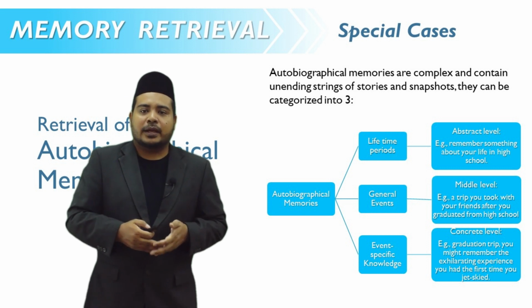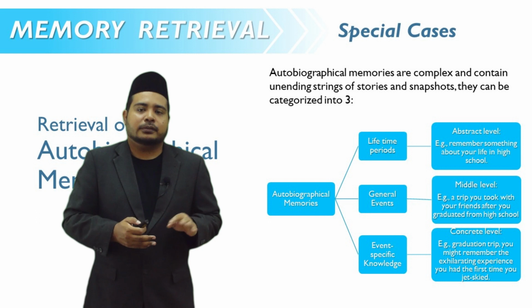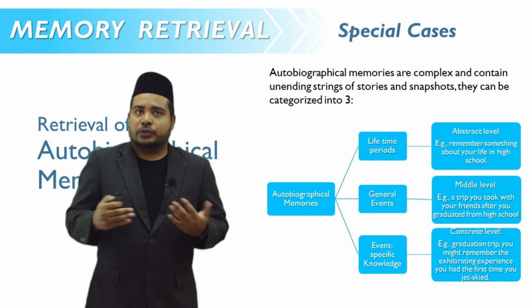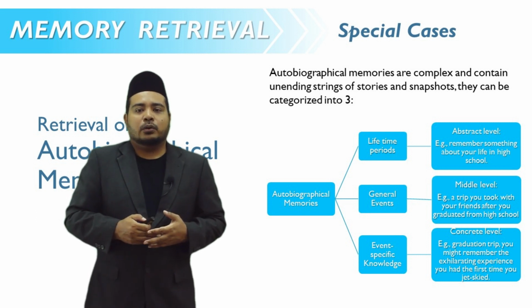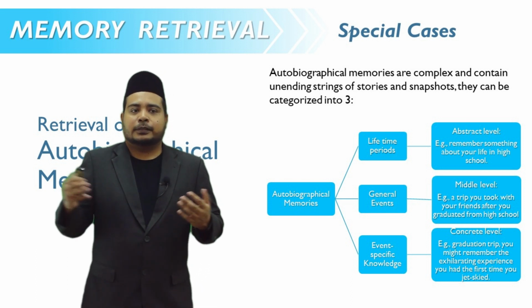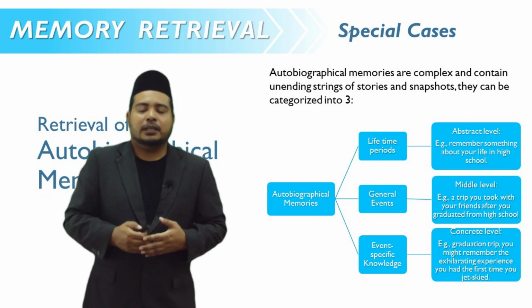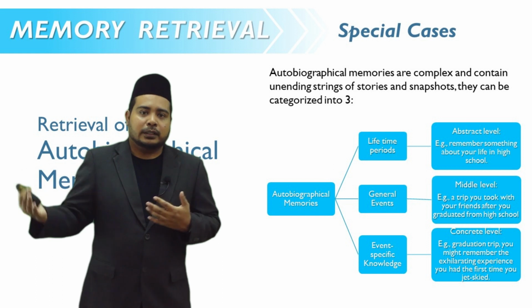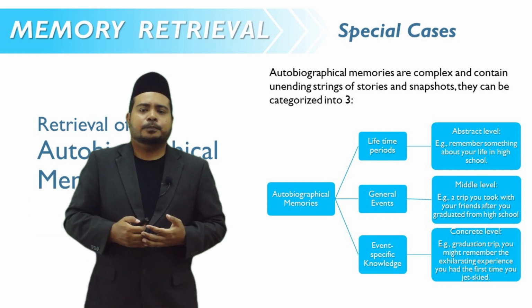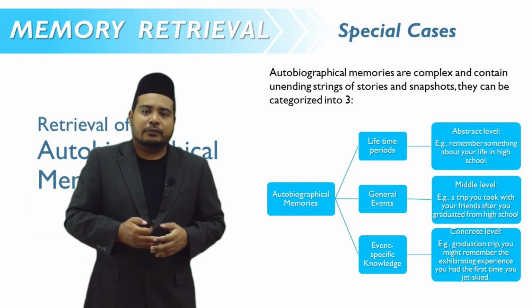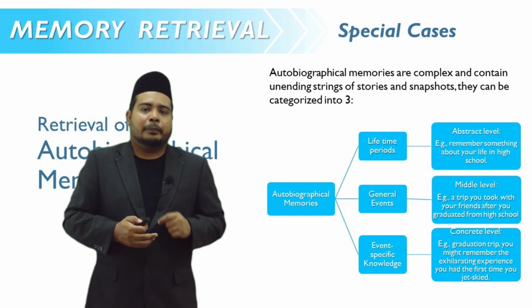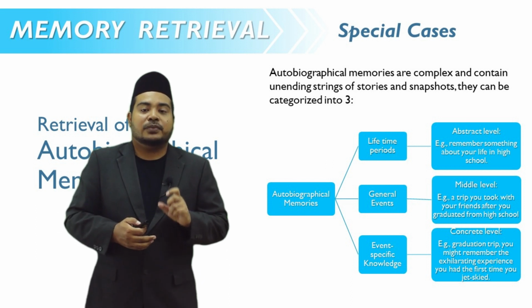For general events, it's basically at the middle level. Examples are a trip we take during our school years, or going to someone's graduation ceremony, our older sibling's graduation ceremony. At the concrete level, event-specific knowledge, we remember in more specific details.